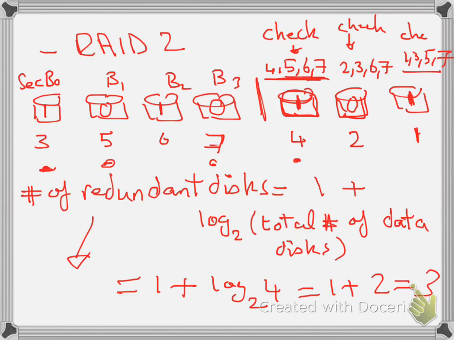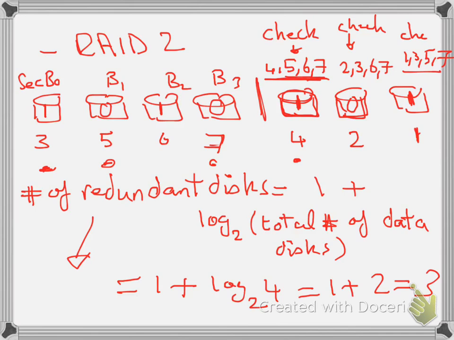So one can say, okay, we understand what you have explained right now, but can you elaborate more on how this will pick up the error? Meaning, if I have an error in any of these data disks, how will I be able to know?